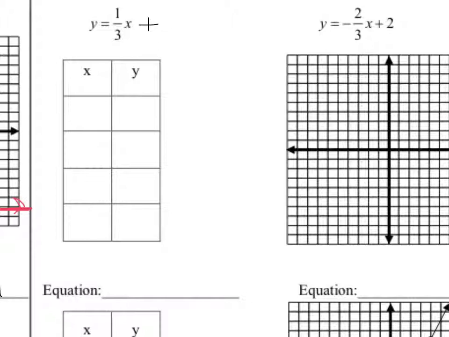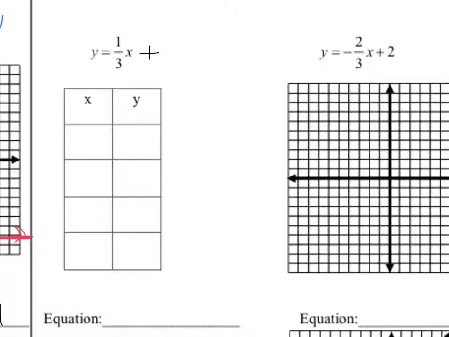What can I add to this equation without changing the value of the equation to give me a y-intercept? PK, what do you think? A b, particularly we need a value here. 0, absolutely. So that tells me that my y-intercept is 0.